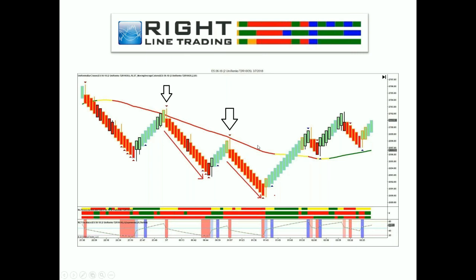Now I want to show you something that's really, I hate to say the word cool, but it really is cool. It shows you how the three line indicator leads price. You see this up candle? The three line has already turned on it.